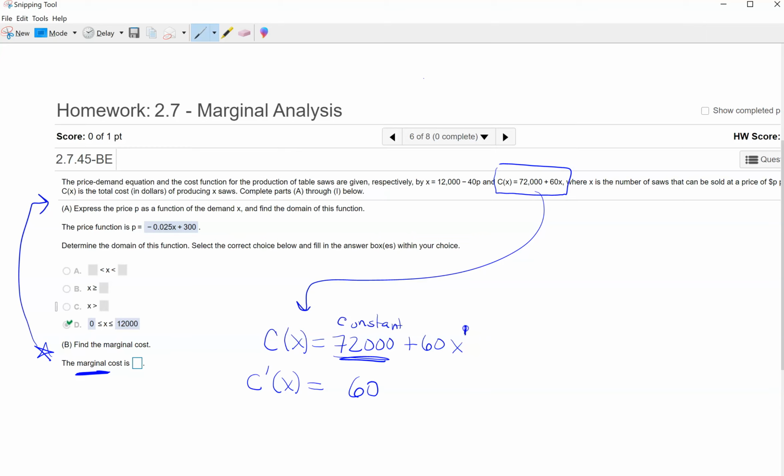If you wanted to use your power rule, you'd have to write the understood 1 exponent, multiply it with your coefficient, so 60 times 1 is 60, rewrite your base, and then decrease the exponent by 1. But x to the 0 power is just 1, and 60 times 1 is just 60, so we don't really need to write all that, but you can if you want. So there we have our marginal cost, so I'll go ahead and type that into my MATLAB.